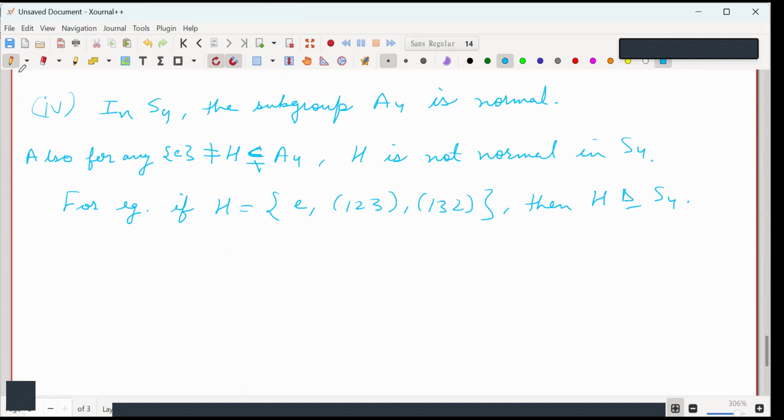Yes, sir. So then G times... well, even the product of these three would be a 3 cycle that doesn't belong to A4. So they are inverses of each other, so their product will be identity.